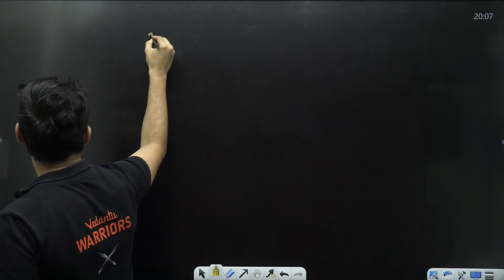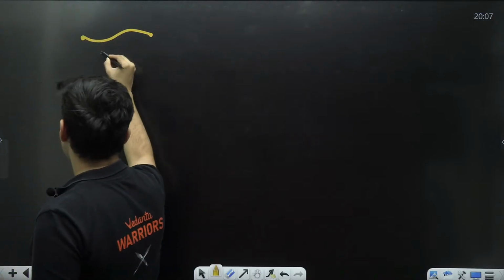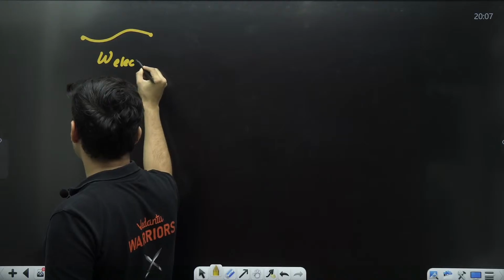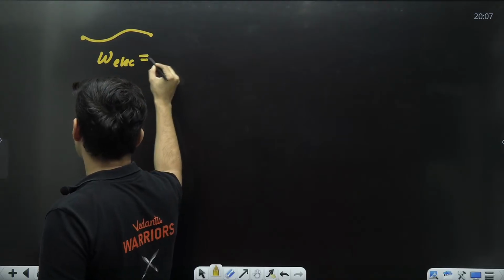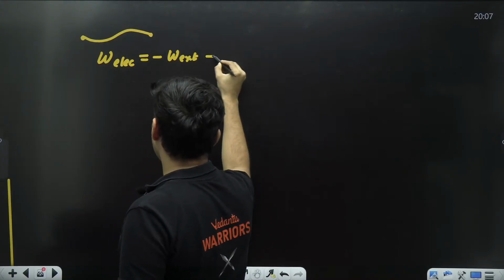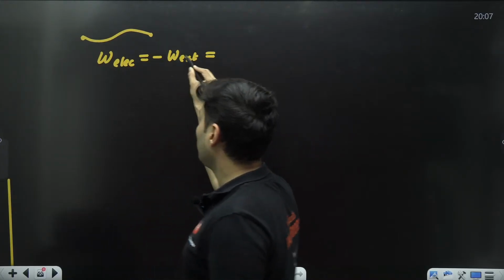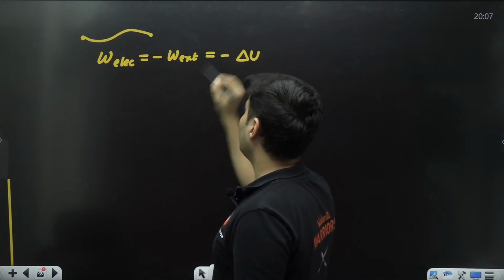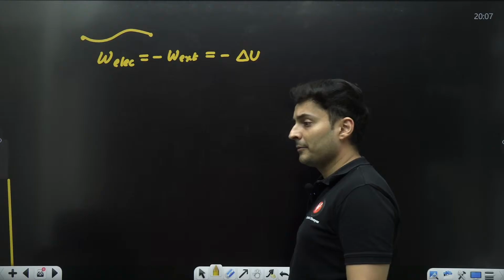See guys, if you go from one point to another, whatever work is done by the electric field is exactly the negative of the work done by the external force, and whatever work is done by the external force is the change in the potential energy. So this minus sign will just follow over here.